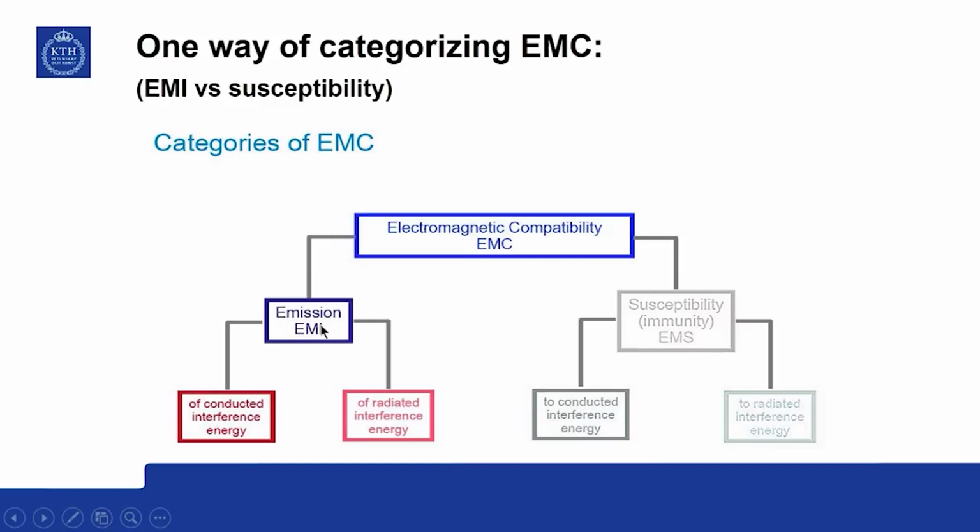From the source side, you design the circuit in such a way that emissions are a minimum, both conducted as well as radiated. Now, if you are designing a system that goes into an environment with a lot of electromagnetic noise, you try to make the system immune from conducted interference as well as radiated interference. So, from both sides you can approach EMC.